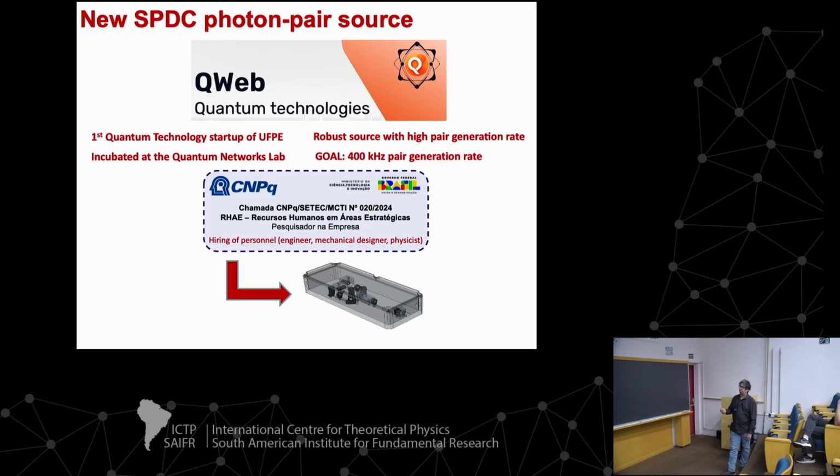But the idea is to have something that we can just turn on and have the photons, because this is something that we need to distribute in the network, okay? So we need to build many copies. Of course, in the beginning, we're going to have a prototype, and the next site is going to be the second prototype, okay? And then the third site will be the third prototype. But eventually, we will reach a recipe that's going to be more reproducible.